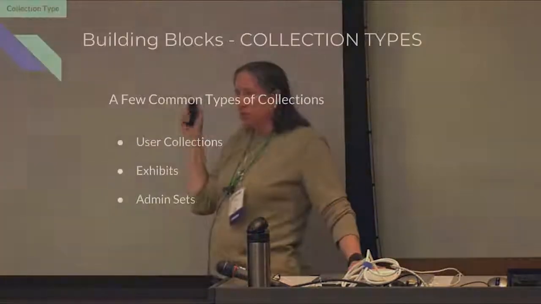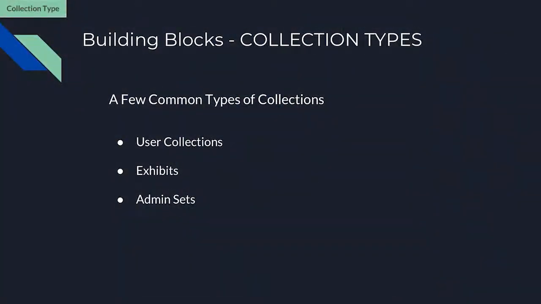So you can have a user collection that any user can create, and then you can have exhibits or something that's specific to the library that only a particular set of users can create. So we're going to look real quick at a couple of configurations just so you can see how that is. There are many more types that could be used, but these are the ones that we're highlighting today.